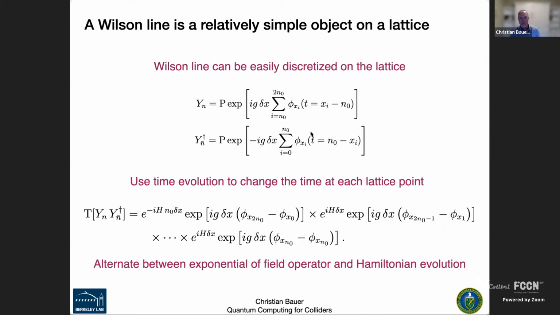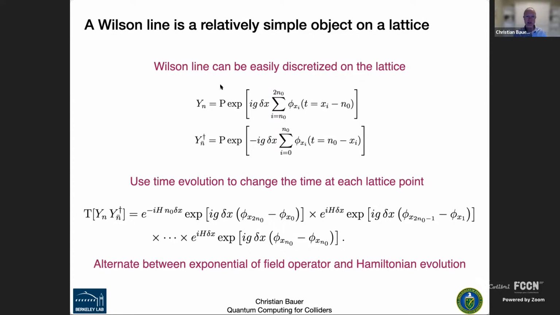And so if you work it out a little bit, you figure out that this Wilson line Y, that integral from before, becomes essentially the sum over all lattice points. I'm going to change notation on you: what used to be little l for the lattice spacing is now delta x. And I evaluate this at the time equal to x minus n0, where n0 is the point where I started from.